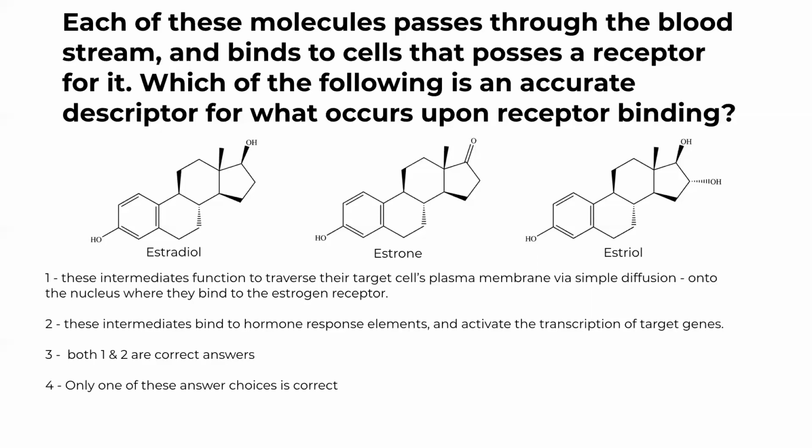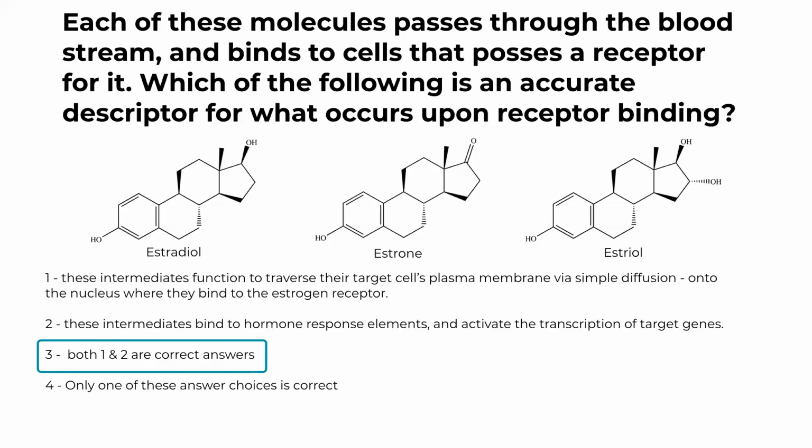So Sumi says that both 1 and 2 are correct answers. Does anyone else have any guesses? Zenab says that only one of these is correct. So in this case, Sumi is going to be correct. The correct answer is going to be 3.